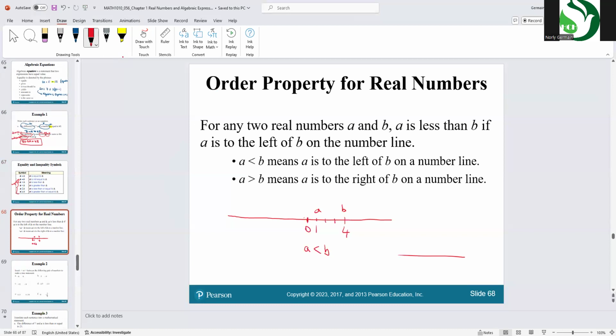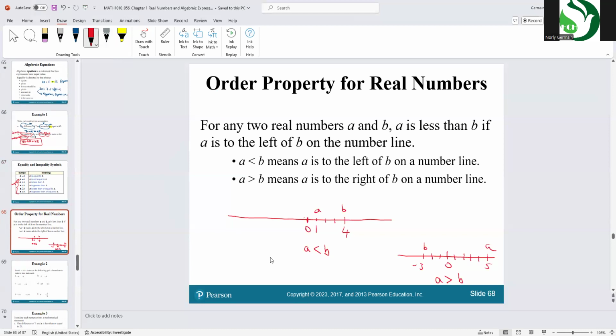On a number line where 0 is in the middle, if I have negative 3 here, I call it b, and remember a for us is like a variable, but we can say a is really greater than b because a greater than b means a is to the right of b.